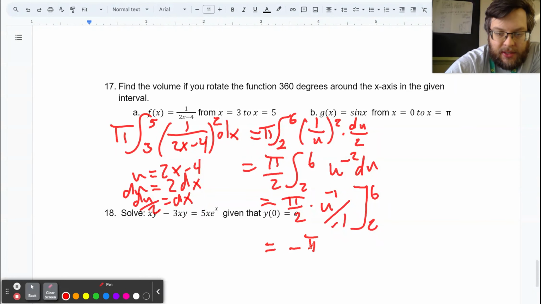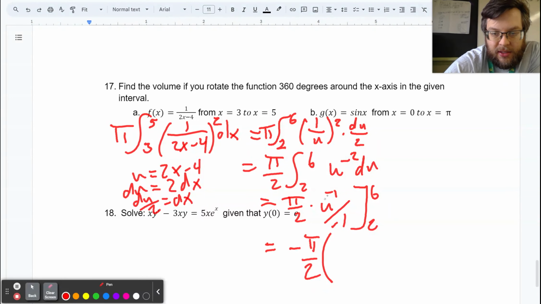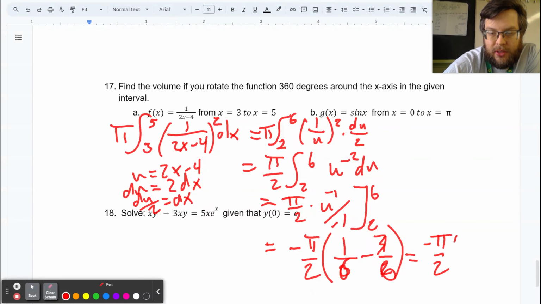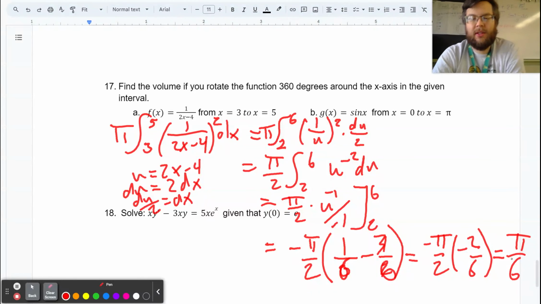Pull out my constants of negative pi over 2. u to the negative 1 means a fraction, so a sixth minus a half, and a half is equal to 3/6. So I have negative pi over 2 times negative 2 over 6, which is, I guess, pi over 6. And there you go. That's the volume for part A.